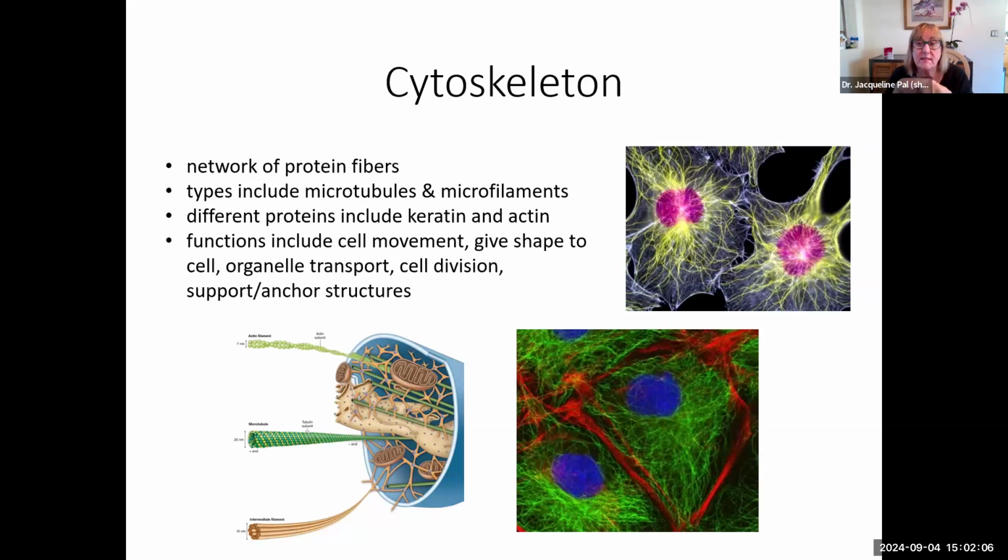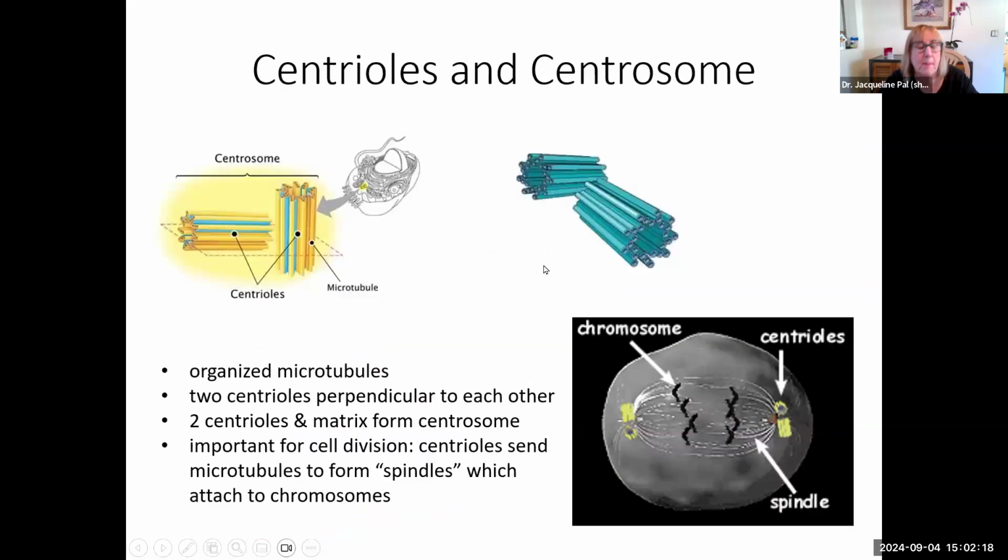They're also going to be important in cell division. I'll show you that shortly. And they can anchor structures, including anchoring the cells so cells don't pull apart from each other or apart from other tissues.